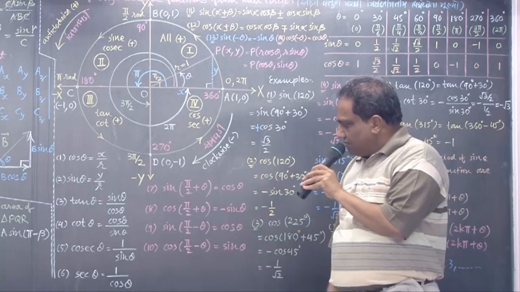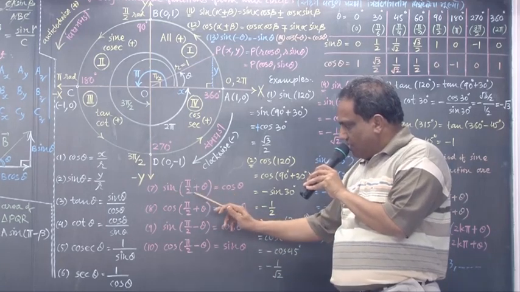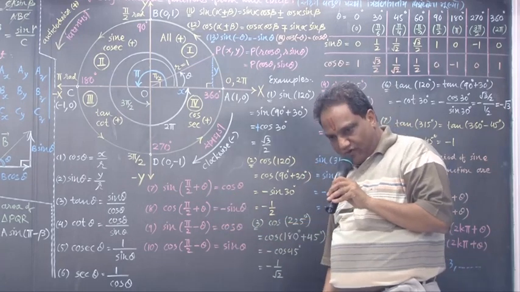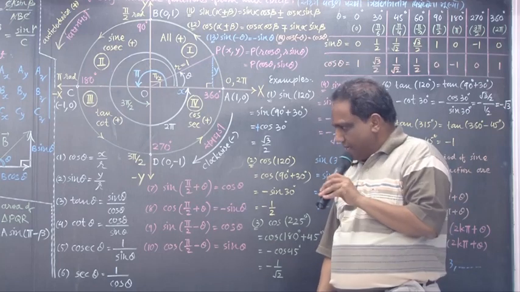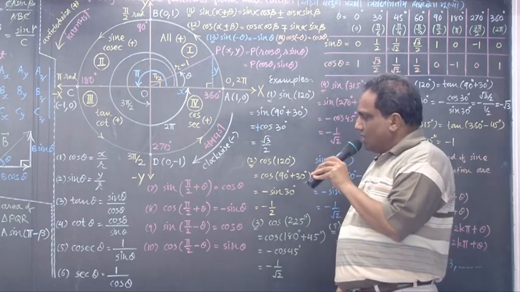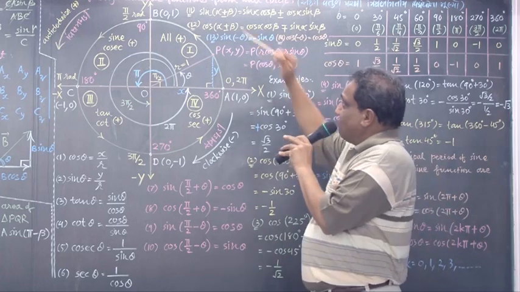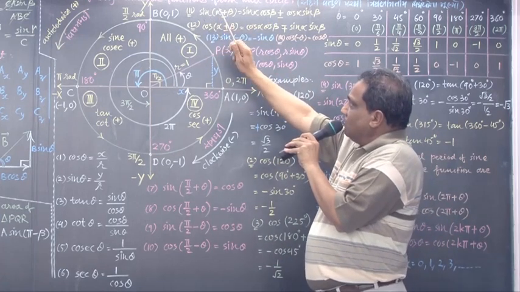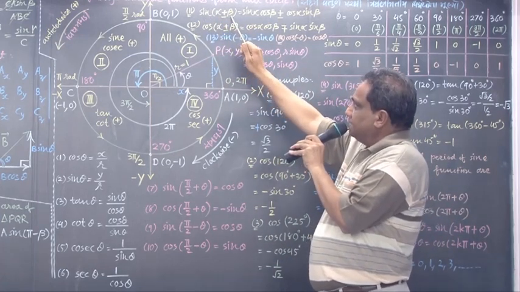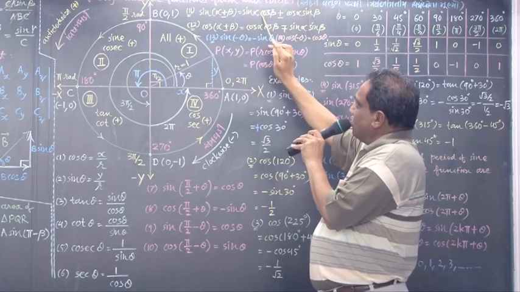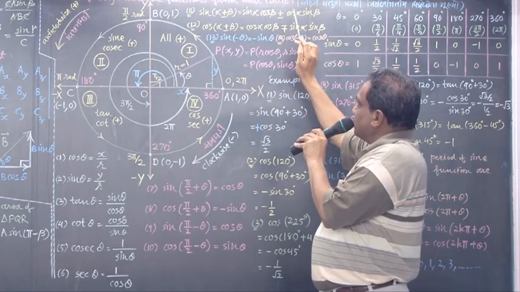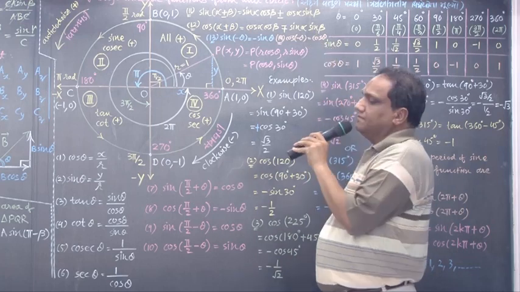Suppose I want to find out sine of pi by 2 plus theta. How to find out that? Look, there is a formula. Sine of alpha plus beta is sine alpha cos beta plus cos alpha sin beta.